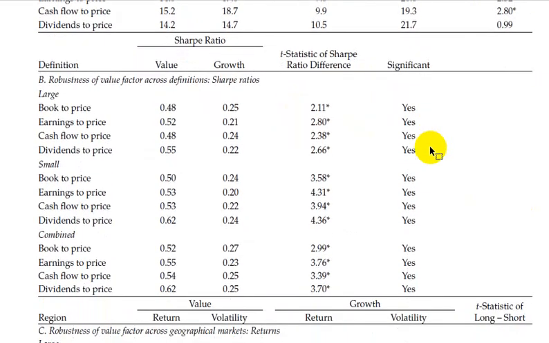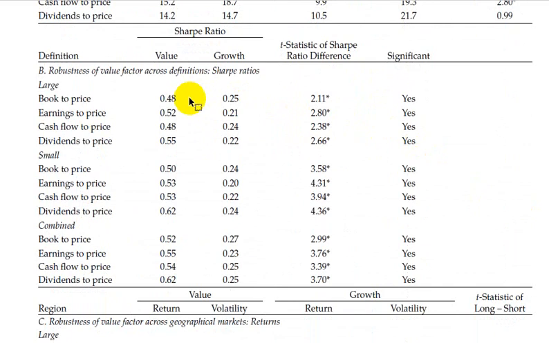So going down and looking at the Sharpe ratio, we see the same scenario. The Sharpe ratio of the value companies looks like more than double the Sharpe ratio of the growth companies, and this is statistically significant.